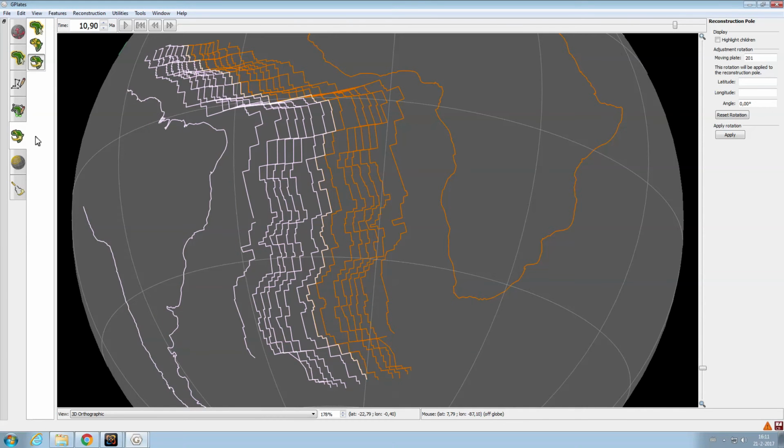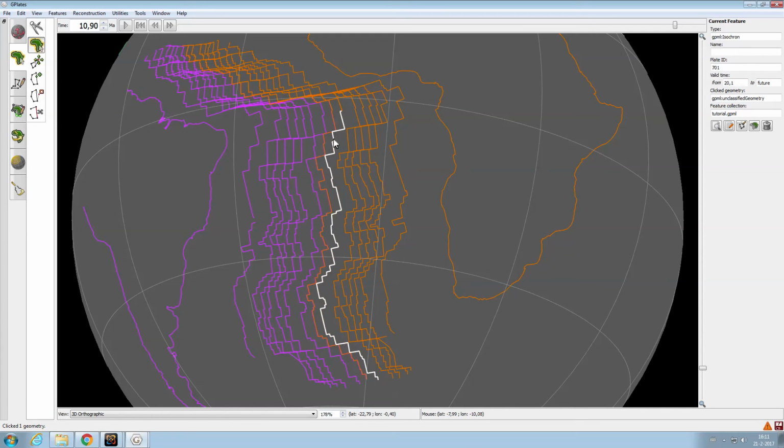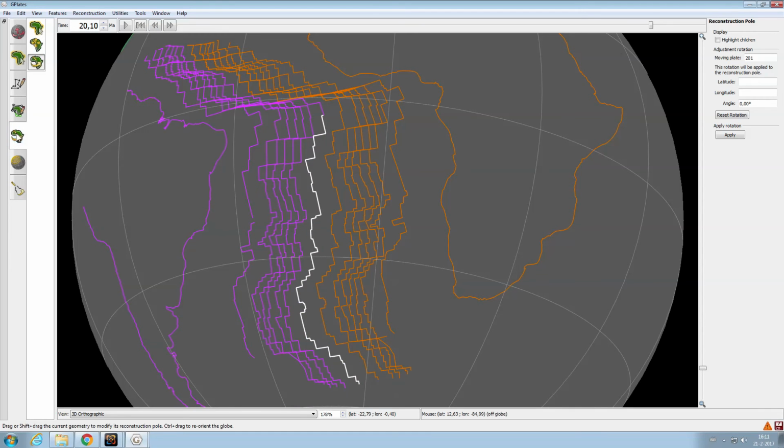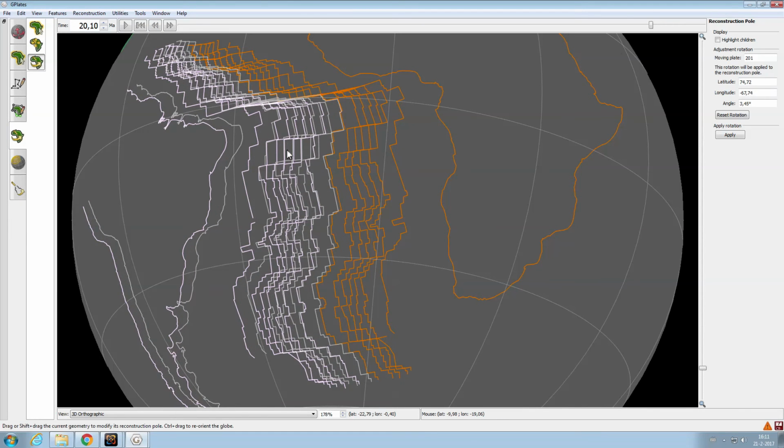And now it's just a matter of repeating this for all the anomalies. So I'm going to check the age for the next one, 20.1. I'm going to select South America again and then drag until it fits.